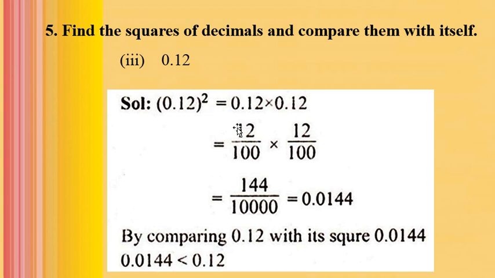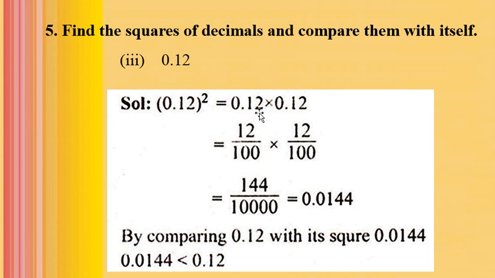It means the same number is multiplying itself. So 0.12 into 0.12. First of all, I am removing the decimals and writing the denominator. So in the place of the point I will write 1 and count the number of digits after the point, or decimal, that are 2. 1 and 2. 2 digits are there, so I will put 2 zeros with the 1.